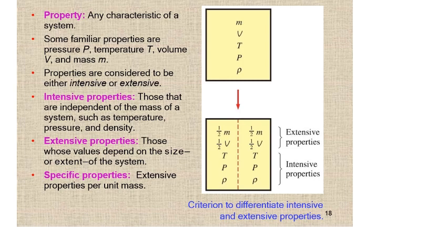For example, if you divide volume by mass, it will become specific volume. If you divide internal energy by mass, it will become specific internal energy. And if you divide enthalpy by mass, it will become specific enthalpy.